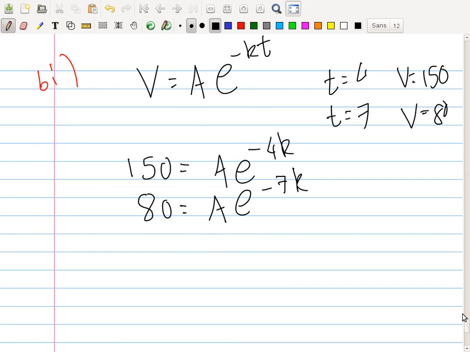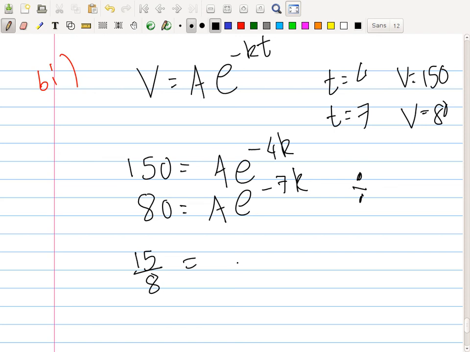How to solve these types of equations? Ted will tell us. What's next, Ted? First equation divided by the second one. Very good. So I divide these. So 150 divided by 80 is 15 over 8. A divide A cancels. Now when I divide these, what do I do to the power?